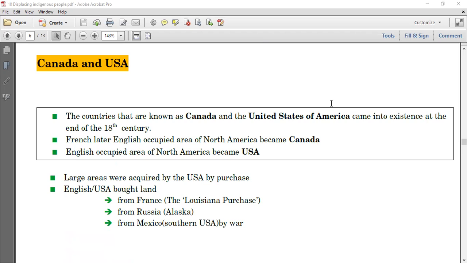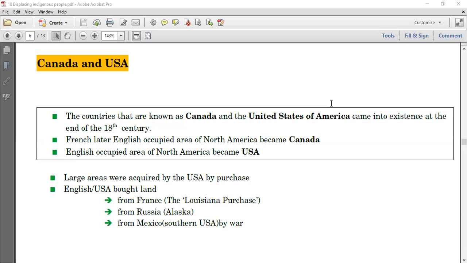So the area that was occupied by the British and French started to be named after what they were occupying in North America. The English occupied area of North America became the USA. The British people that were occupying the area of North America, that became the USA. But the French were the first ones, and the area that was occupied by the French became Canada.